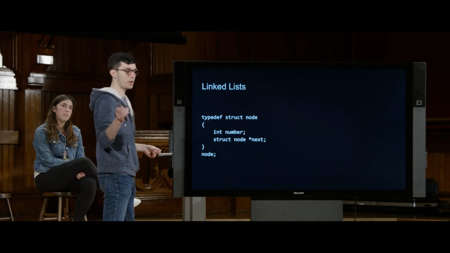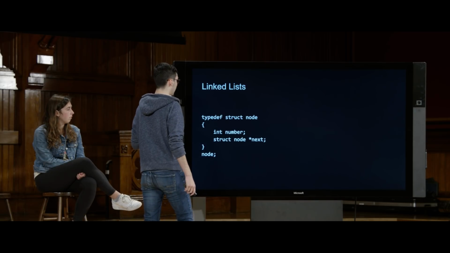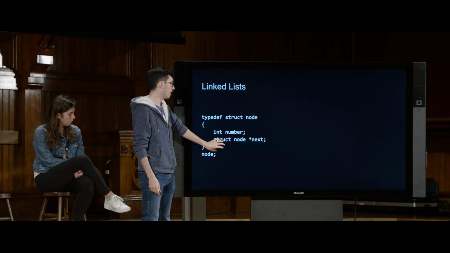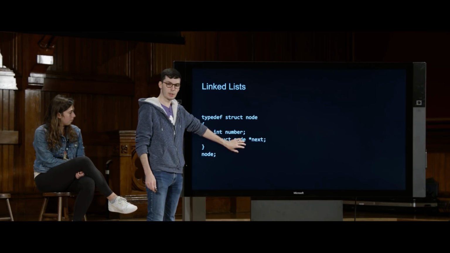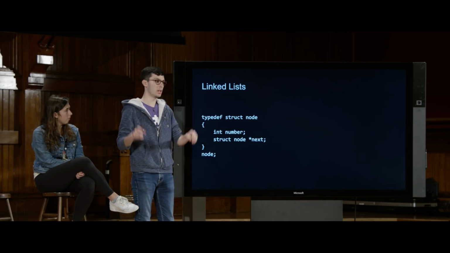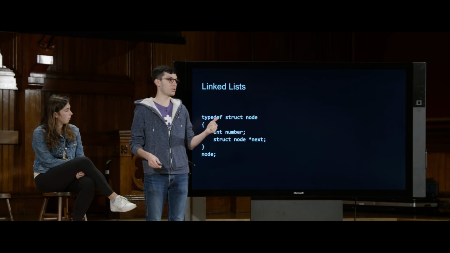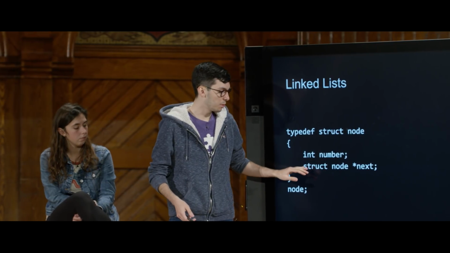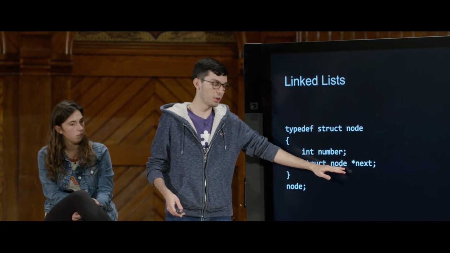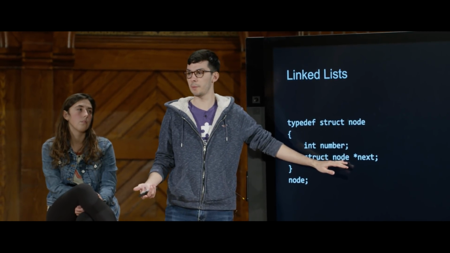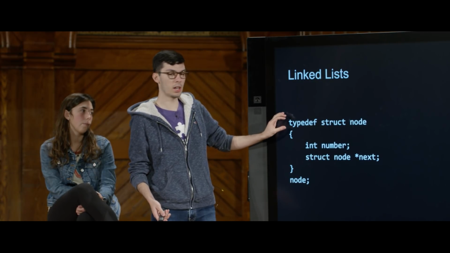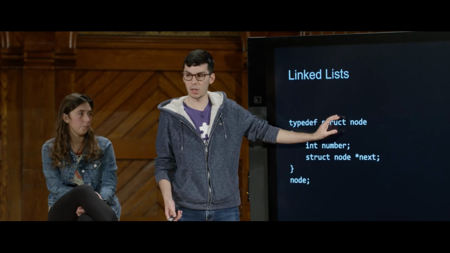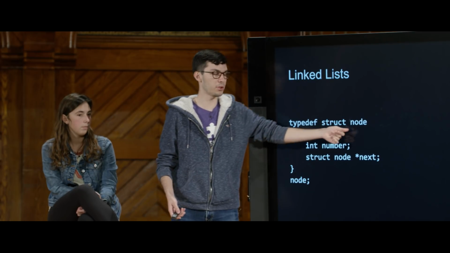And here's the answer to the question about the syntax. The reason why we have struct node here in this definition of a node, where you'll recall a node contains just a number and then a pointer to the next node, is that if we want to refer to the node, we need to be able to call it something. And in the previous example of a struct, you notice that we just had typedef struct and then the fields, but there was no name.